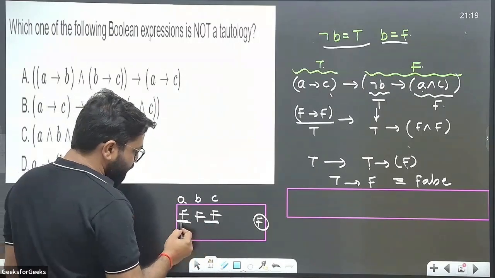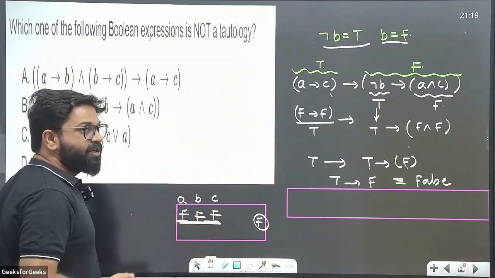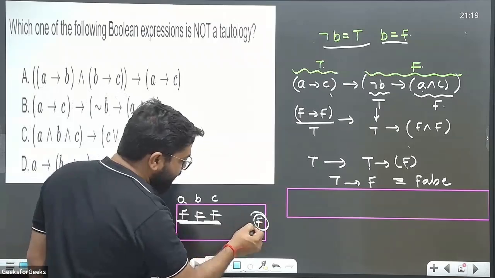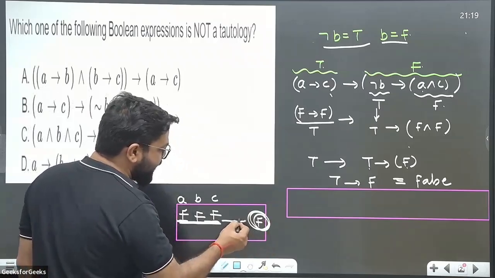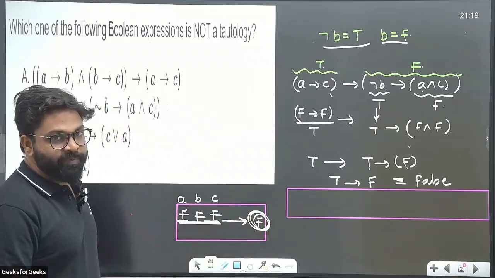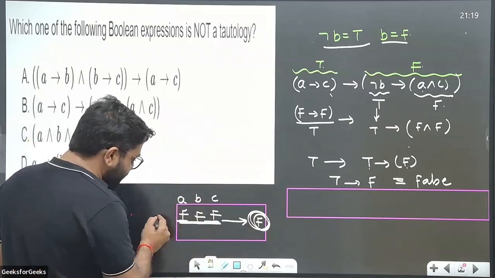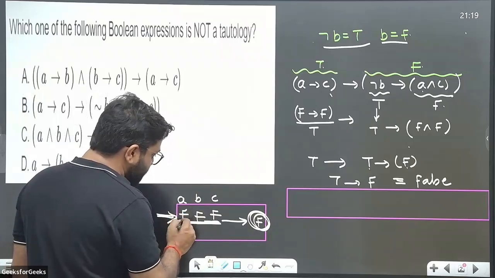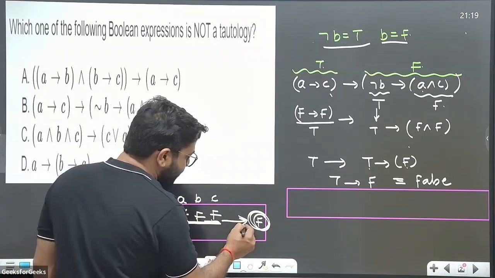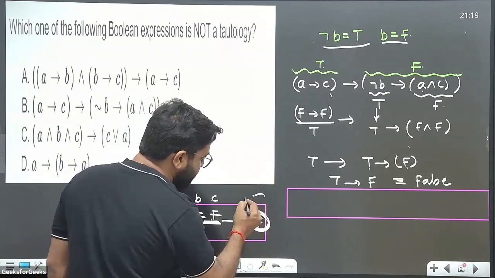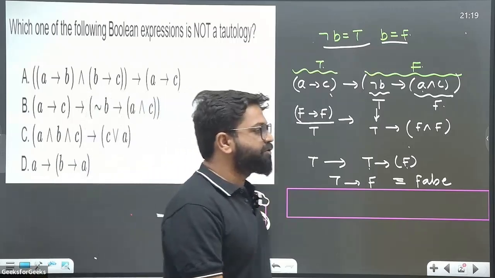So if you take A as false, B as false, C as false, what can you see in this truth table? I'm not talking about all the rows, so do not get confused. I'm talking about only one specific row where A is false, B is false, C is false, and the answer you get is false. So this expression is definitely not a tautology.